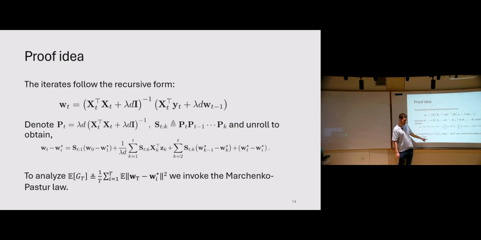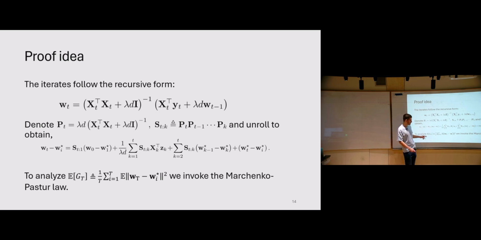Then I will remind you that the expected generalization loss is defined as the average over the distance of the last predictor from all teachers. Then we simply need to take the norm squared over this entire term, but we need to understand the expected value of those matrices.